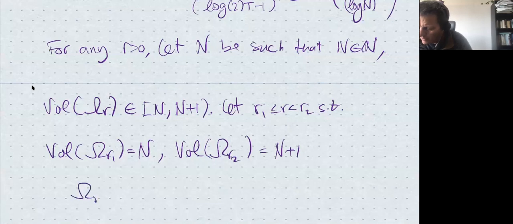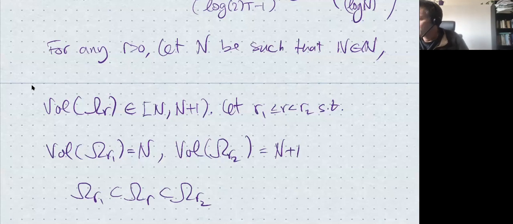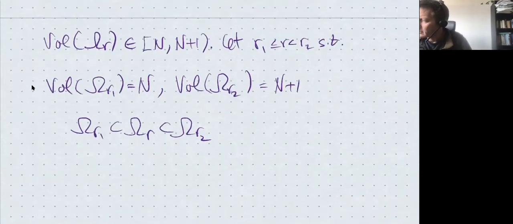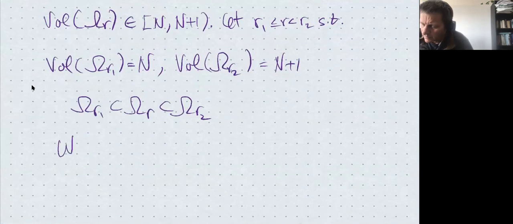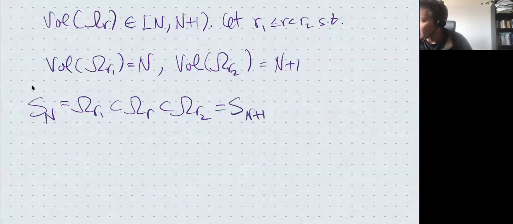So we have omega R1 containing omega R, containing omega R2. We want to call this one Sn, and this one Sn plus 1. That's consistent with our earlier notations.